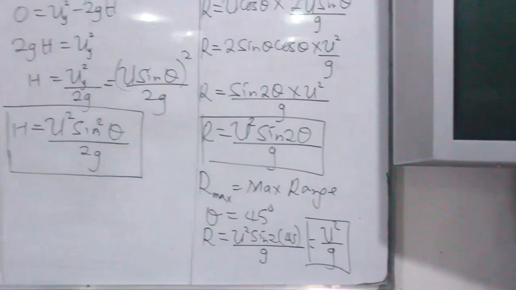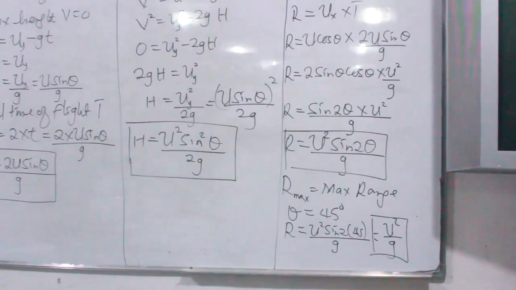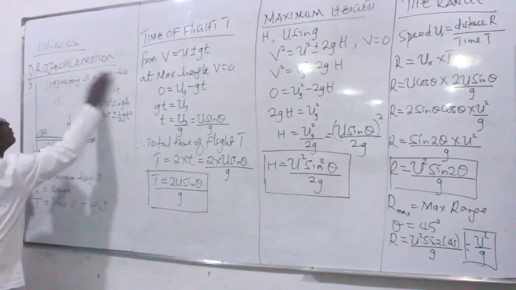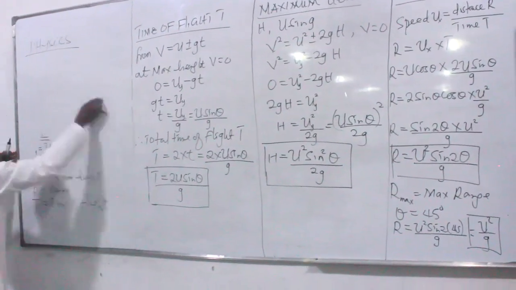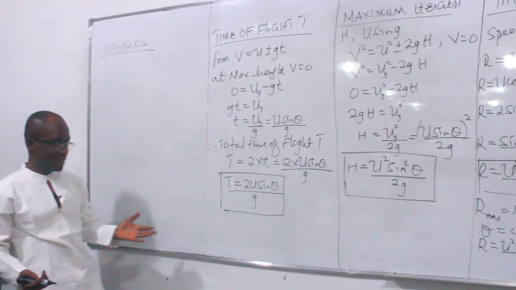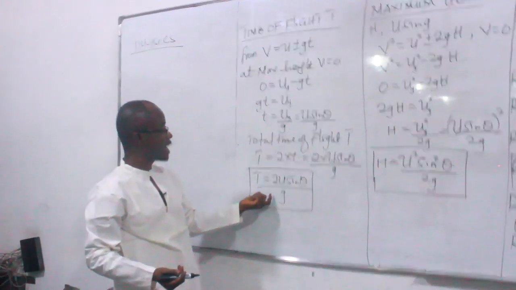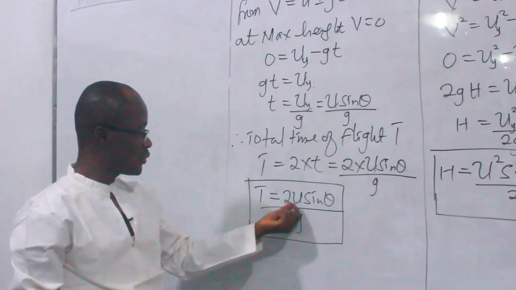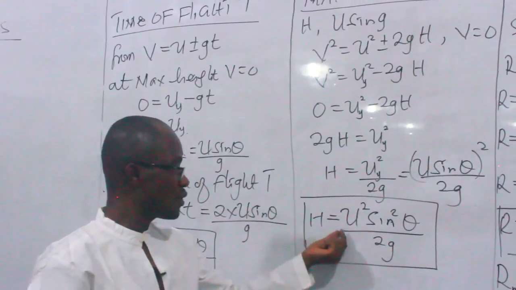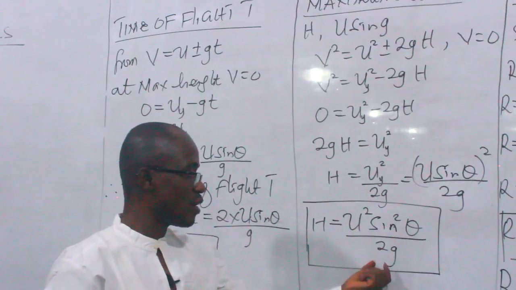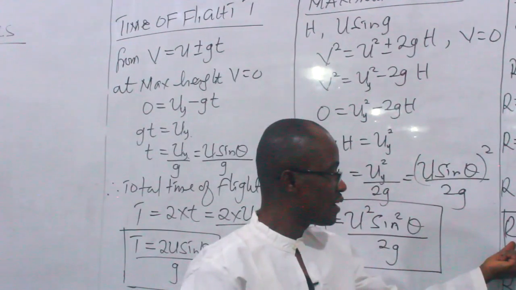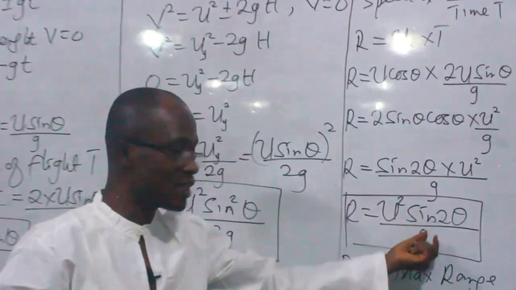So we did three equations of projectile. Then we should be able to solve as many problems as possible. Okay, we've seen the expression for time of flight, t equals 2u sine theta over g, maximum height, H equals u squared sine squared theta over 2g, and range, R equals u squared sine 2 theta over g.